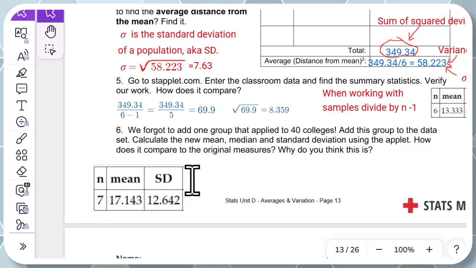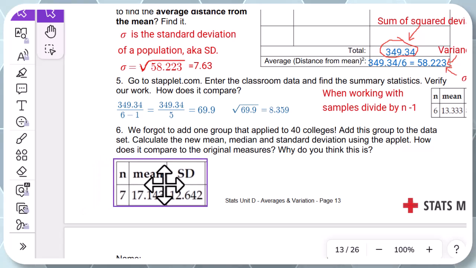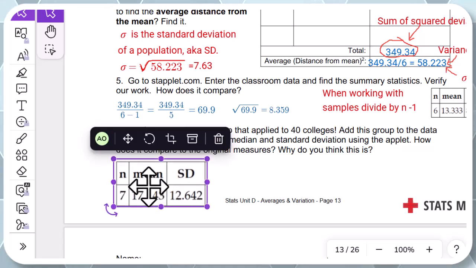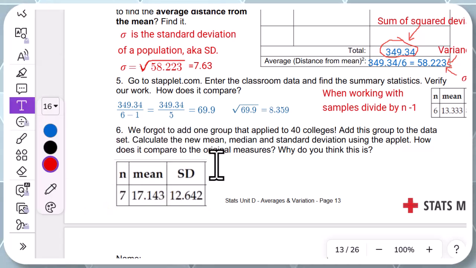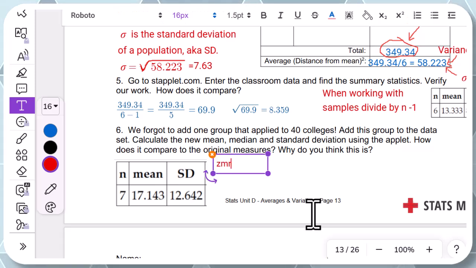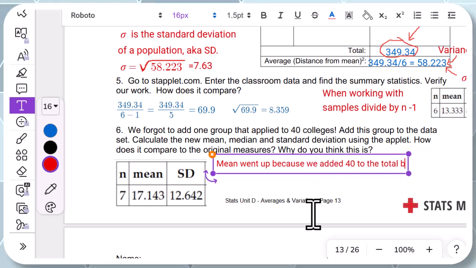The mean went up. That makes sense, because we have more. The mean went up because we added 40 to the total before dividing by 7.